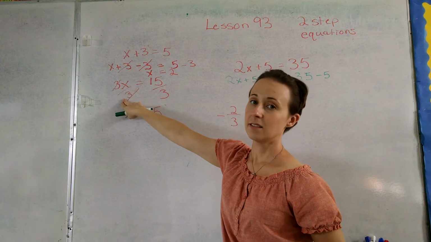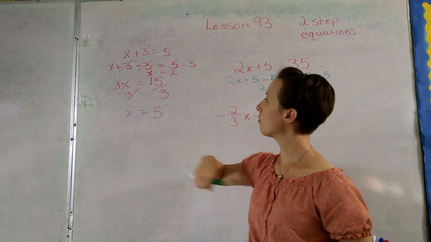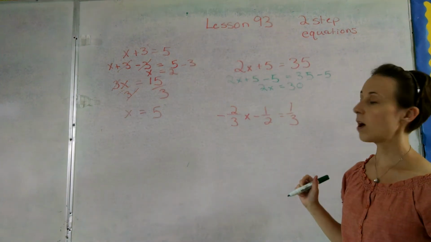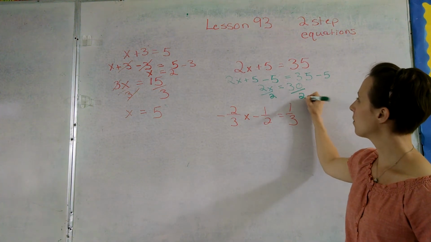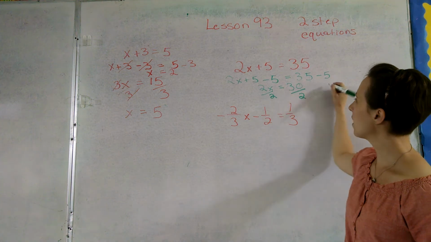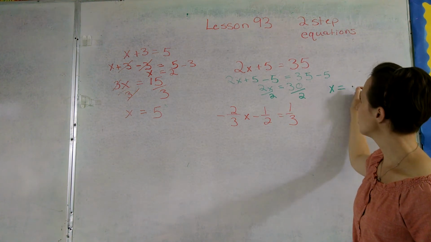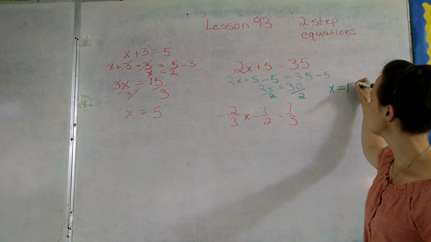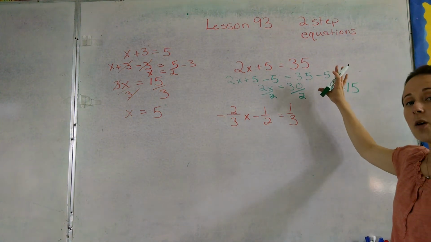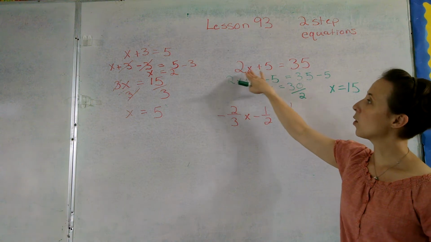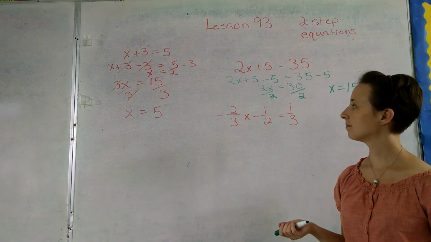Here I divided on both sides to help solve for x. So let's do that here as well. 2x divided by 2, 30 divided by 2. I'm left with x equals 30 divided by 2, which is 15. It's the same thing you're already doing. We're just doing both in one problem.